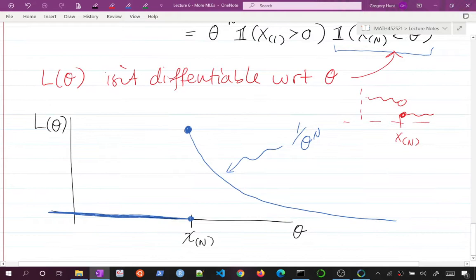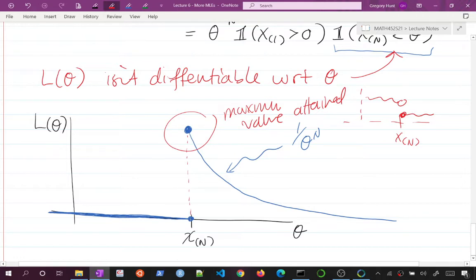So, what's the maximum value of my likelihood function? This blue line is the likelihood function. What's the maximum value? Well, it's just going to be this point here. We can see that this is the maximum value, attained there, which corresponds to my jump here, which corresponds to my maximum.